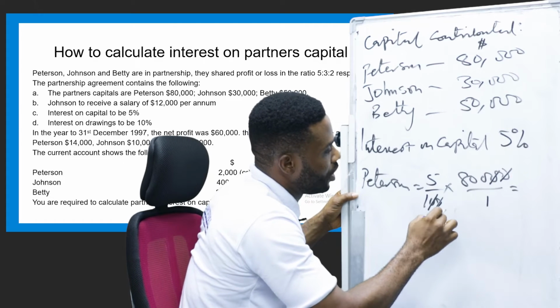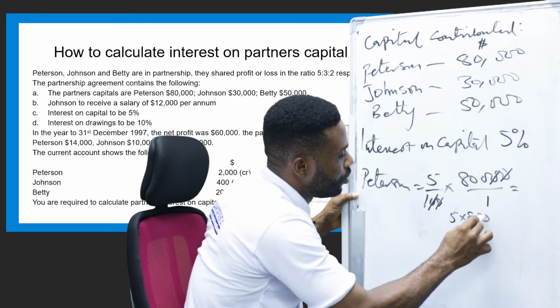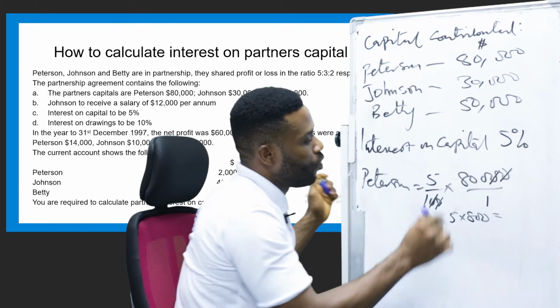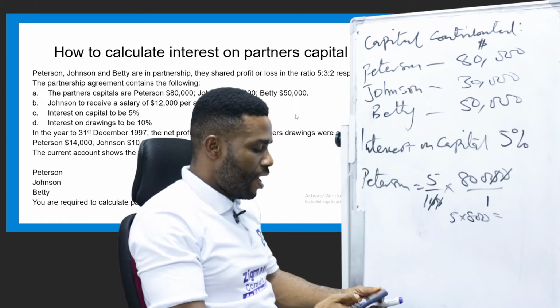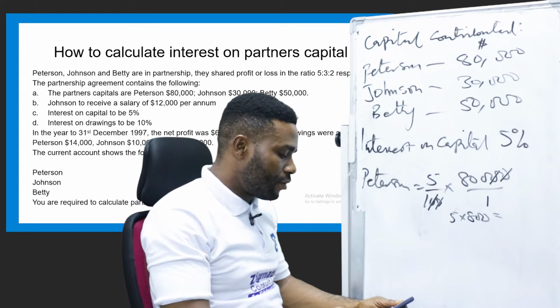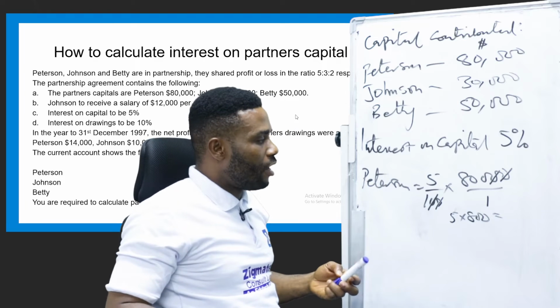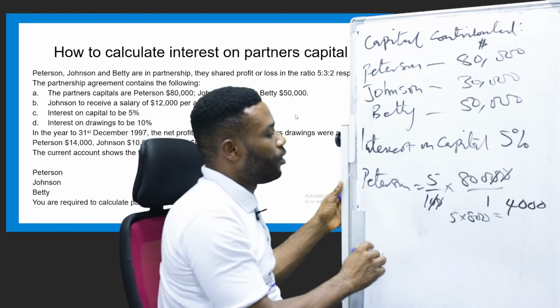You'll be left with 5 times 800. Use your calculator to be very sure of your answer. 5 times 800 will give you 4,000. So for Peterson, the interest on capital is 4,000.